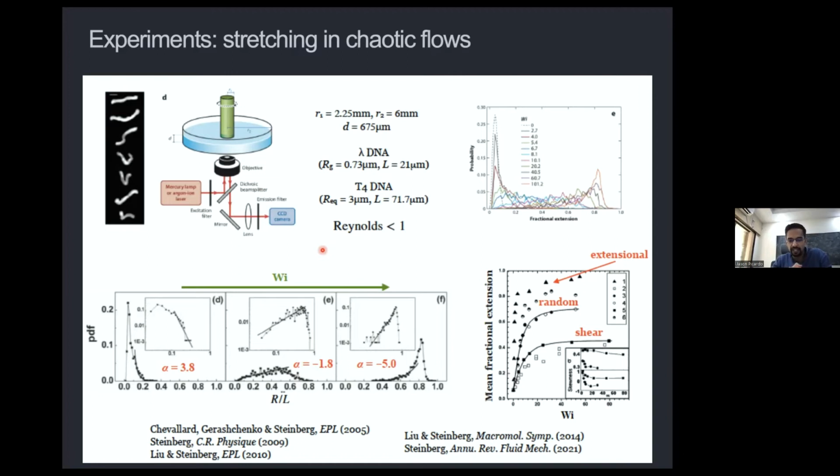These were all experiments done by Steinberg's group. The main point is that he does see these broad distributions of extensions as you increase Weissenberg and the flow becomes chaotic. He's able to measure the PDFs of extension and see that there are power laws that increase in the way the simulations lead one to expect. So things seem nicely consistent so far.